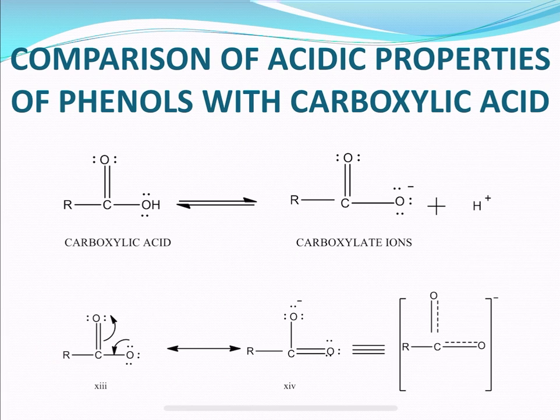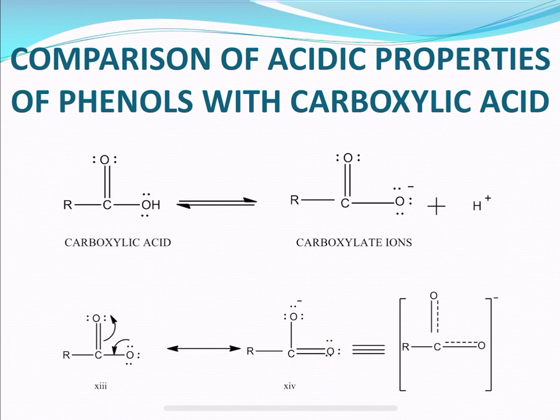So, how we write the resonance hybrid is, if we observe the structures 13 and 14, since there are two lone pairs of electrons present on the oxygen, they indulge in the resonance form. Here the double bond will be converted into a single bond, and since there is a lone pair of electrons present on this oxygen, that will return to this bond, thereby converting it into a double bond.